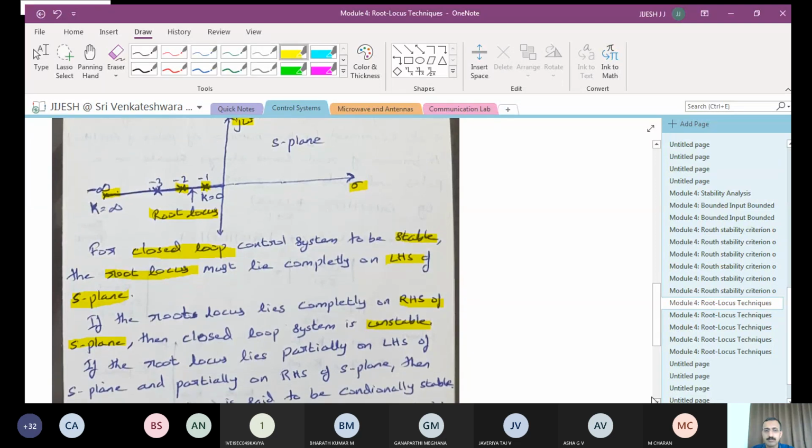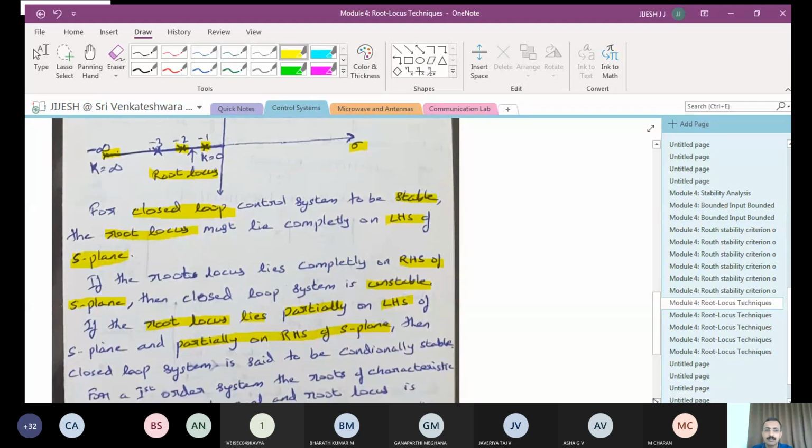And if the root locus lies partly on the LHS of the S-plane and partly on the RHS of the S-plane, then the closed loop system is called conditionally stable, marginally stable, all those things are the same.